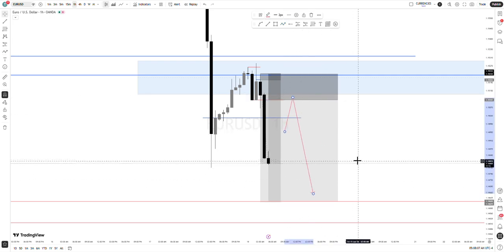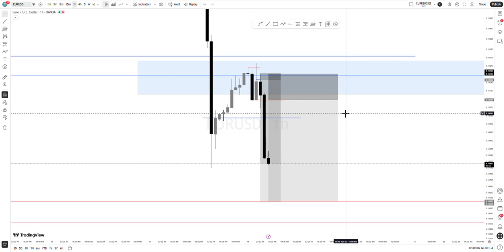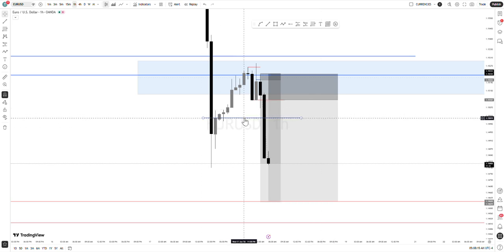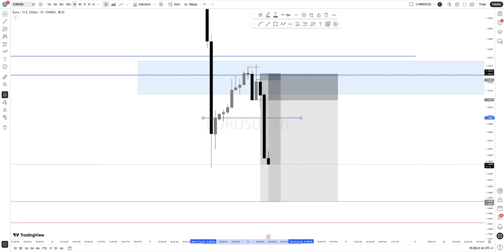Do you understand? But it's also going to be too long, because I think this line was the breakout from the 4-hour time frame, right? So this 4-hour time frame breakout is here on the way.